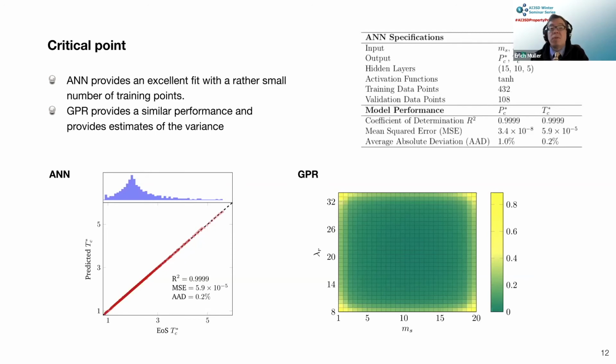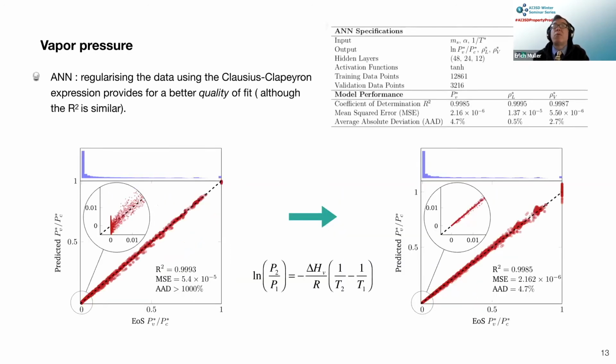The other type of results we had are the vapor pressure. Remember that there's now a change in the degrees of freedom. In this case, we specify a temperature, and from the temperature, we get the pressure and the densities of the liquid and the vapor. If we do a standard regression of pressure with an ANN, we would see a result that looks very much like the ones on the left-hand side.